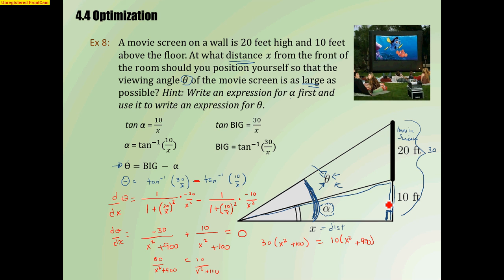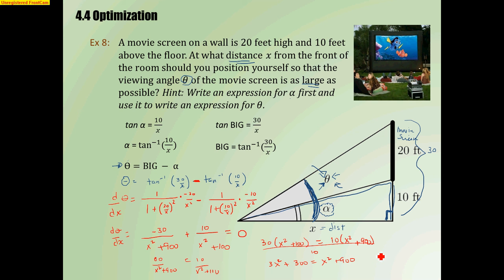Do some algebra. Actually, I think I'm going to divide both sides by 10 here. So I get 3x squared plus 300 is equal to x squared plus 900.